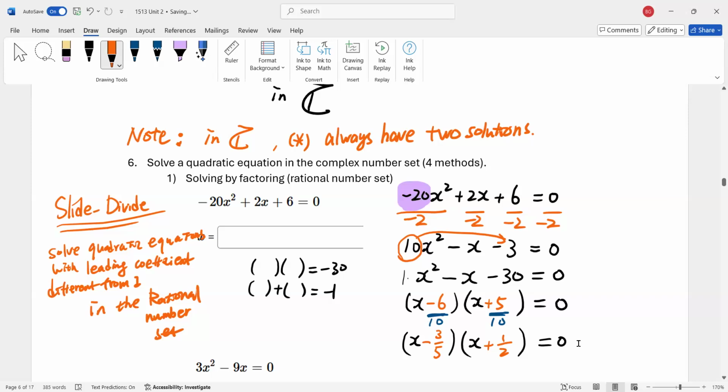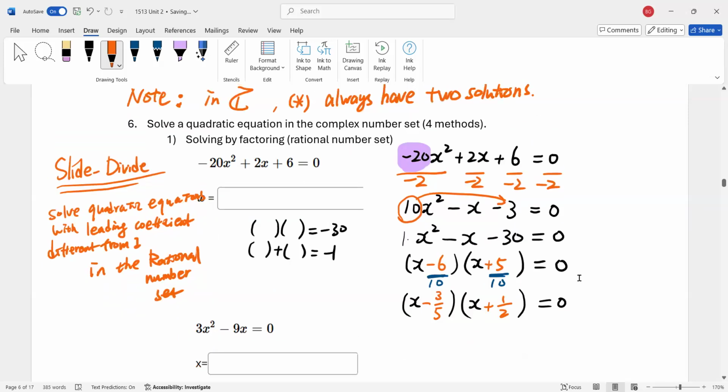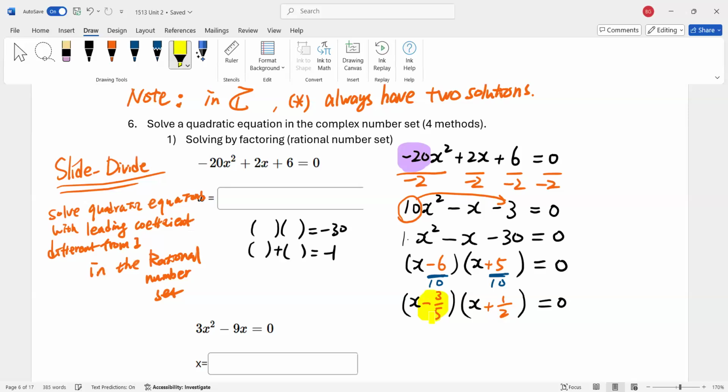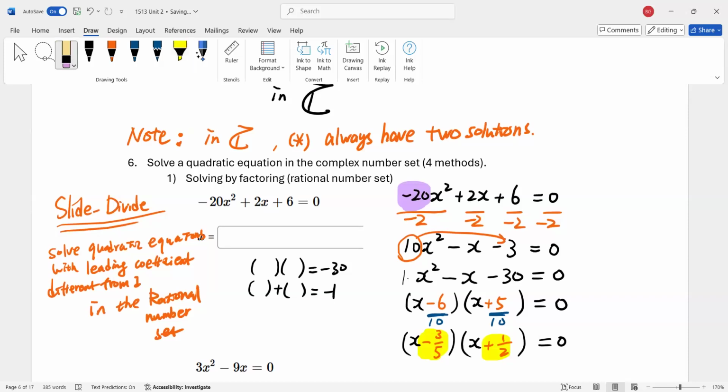What we want is the right side of the equation to be 0. The left side of the equation has 2 linear binomials multiplied together. In each parenthesis, we have x plus a number and x plus another number, right? Do you see those two numbers in red? I can highlight them in yellow again, just to stress they are important. So -3/5, positive half, right?